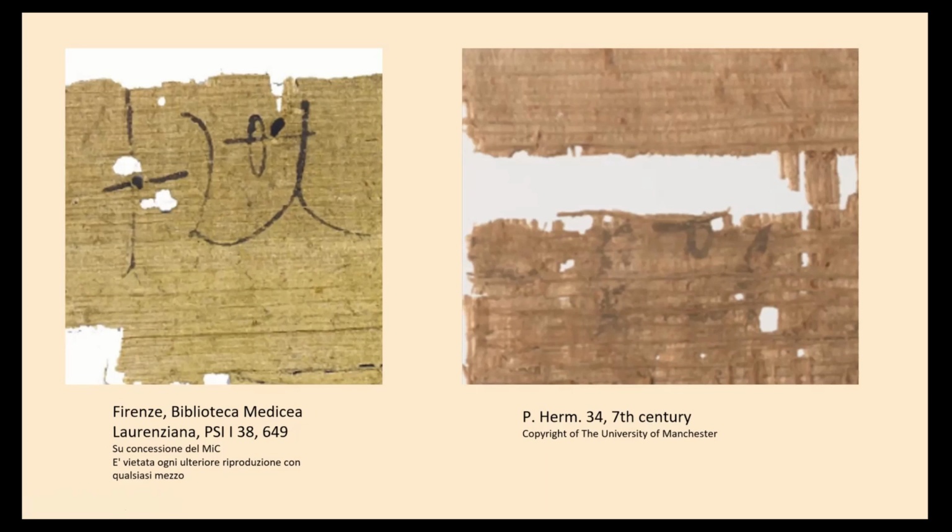So the Christian symbol within the M was abandoned. We have only two examples: one sure, this one, and another one very probable, this one, where we can see traces of theta here.